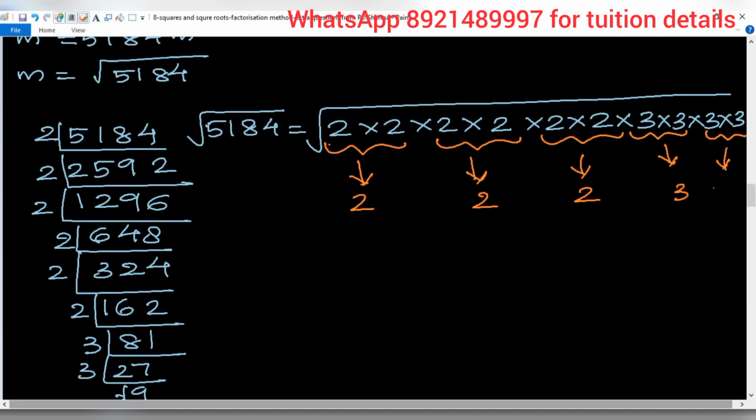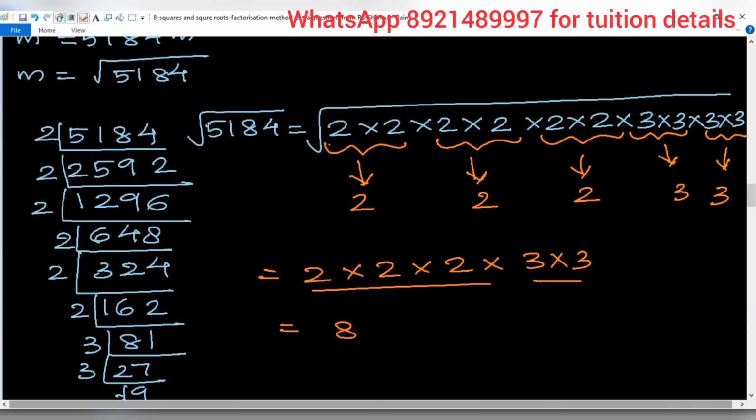So two 3's will be there outside. So the number is 2 into 2 into 2 into 3 into 3. Now 2 into 2 into 2 is 8, and 3 into 3 is 9. So it is 72.